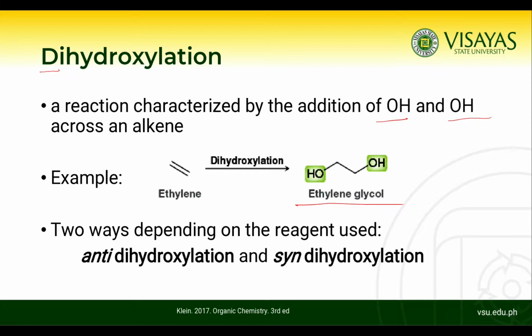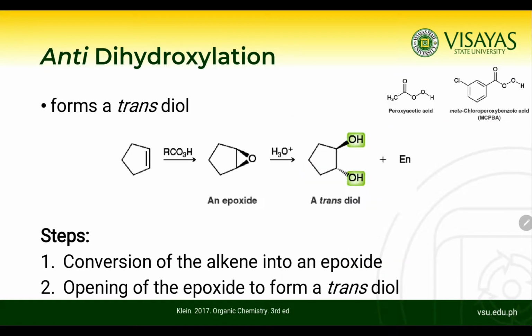So we can have anti-dihydroxylation or syn dihydroxylation. Okay, when you say anti-dihydroxylation, that means to say the 2 hydroxyl groups are in opposite phases, no? So we form the trans-diol. So naka-opposite phase.